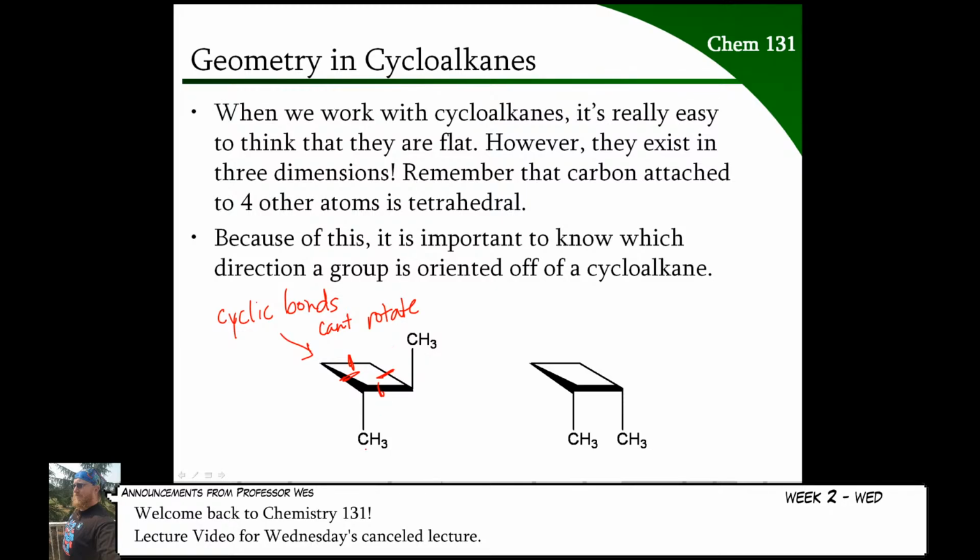What that means is that these groups are fixed in their position. And so this molecule and this molecule are not the same. I can never rotate the molecule on the left to make it look like the one on the right. I just can't do it.